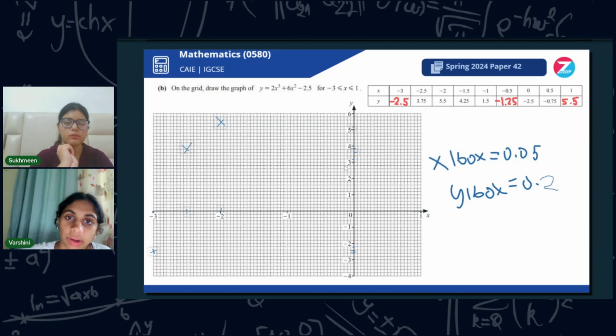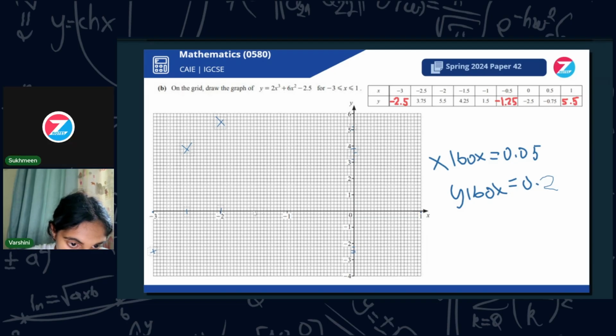Okay, our next point is going to be minus 1.5 and 4.25. So on the x-axis, minus 1.5 is again going to be 10 boxes after minus 1. So just count 10 boxes: 1, 2, 3, 4, 5, 6, 7, 8, 9, and 10. It's going to be over here. And let's do it for the rest of these values.